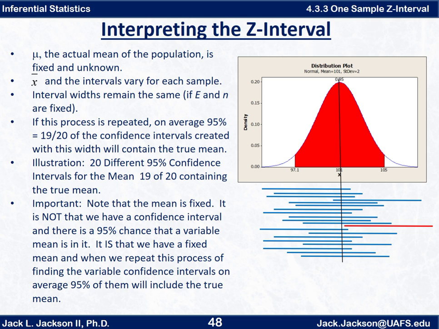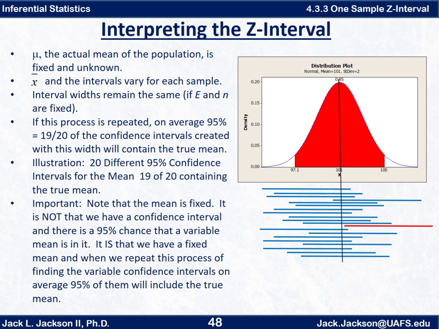But what's variable is the x bar. If we take a sample, we get one x bar. We take another sample, we get another x bar. Take another sample, we get another x bar. Now, if we decide to keep the E and the n the same from sample to sample, then the only thing that's varying is the x bar, which means the widths of our intervals are staying the same. It's the center of the interval that's varying.